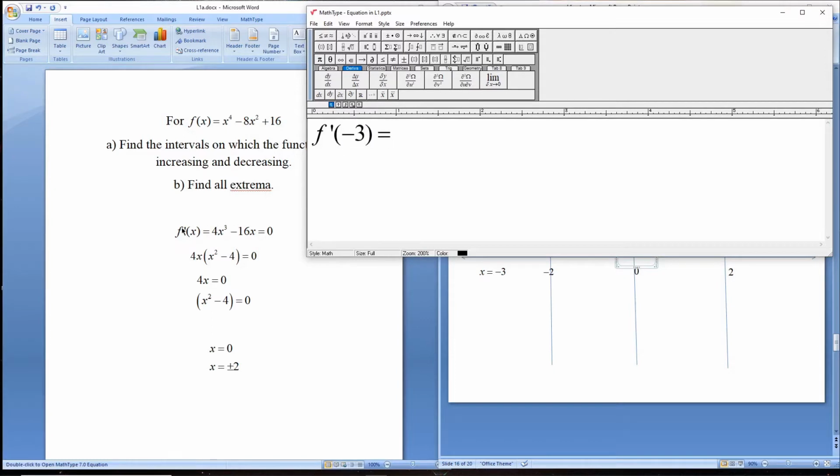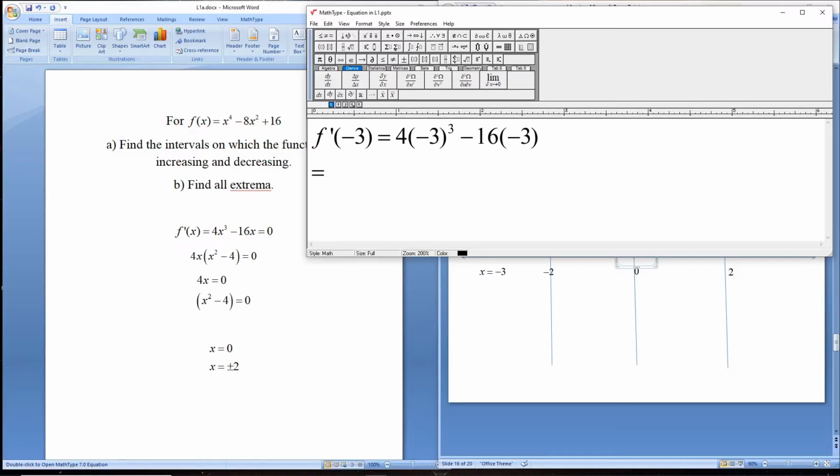So I'm looking right here. There's a derivative. So we got 4, plug in -3, and we're going to make that cubed and subtract off -16 times -3. So just plugging it in.